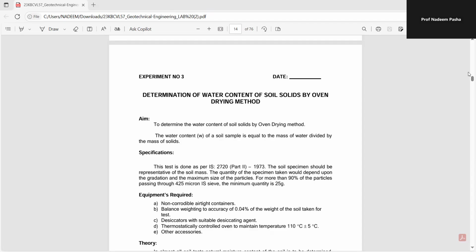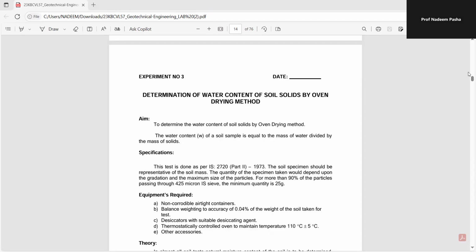The soil specimen should be representative of the soil mass. The quantity of specimen taken would depend upon the gradation of the maximum size of particles. For more than 90% of the particles passing through 425 micron IS sieve, the minimum quantity is 25 gram.